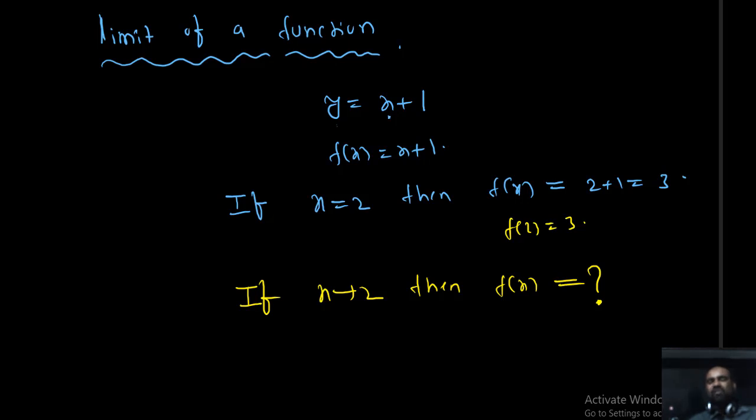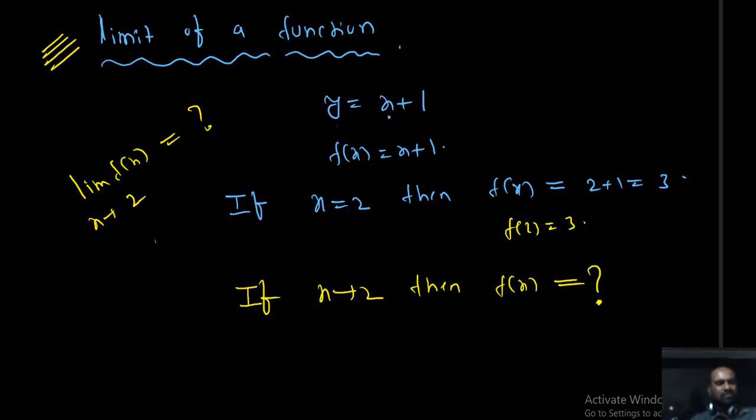What value will f of x approach? That is the definition of limit of a function. How to find the limit of a function? If x is tending to 2, then f of x tends to what? Symbolically you can write the limiting value of f of x when x is approaching 2.